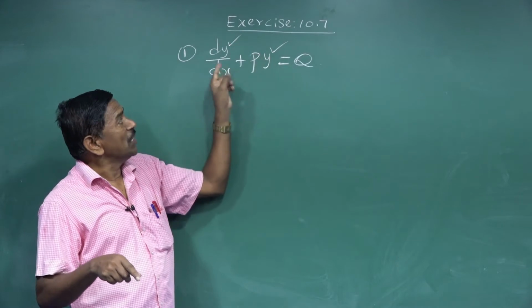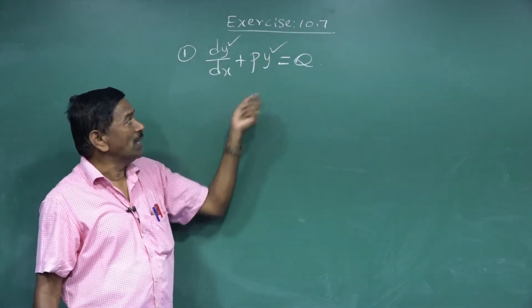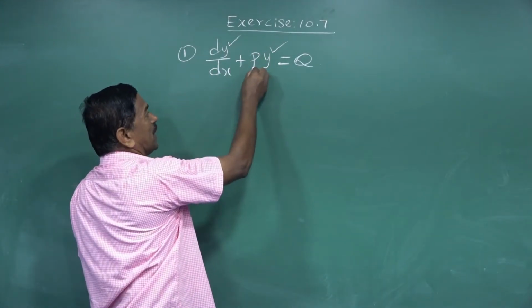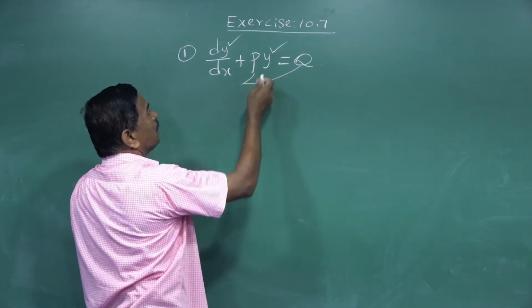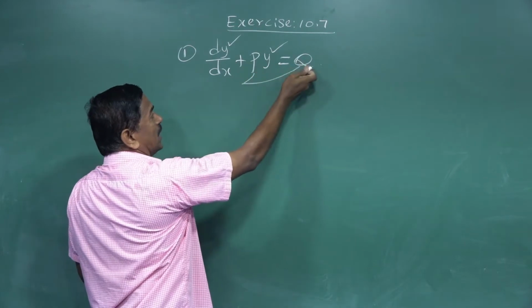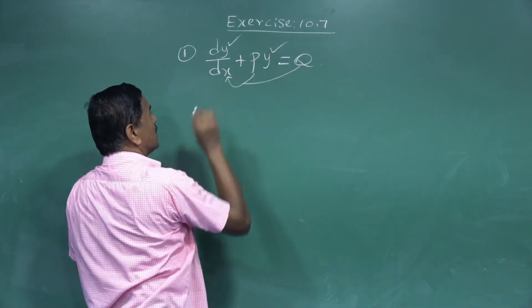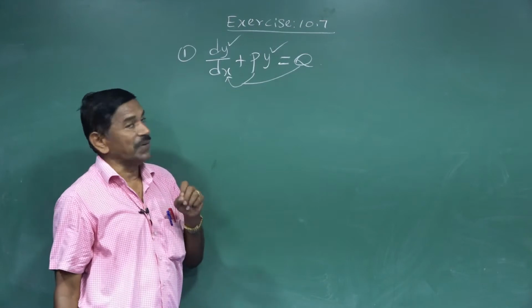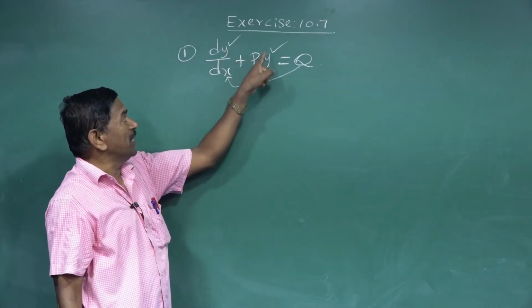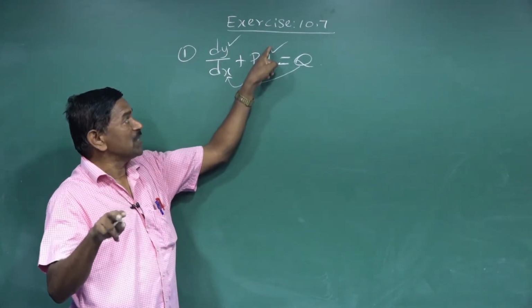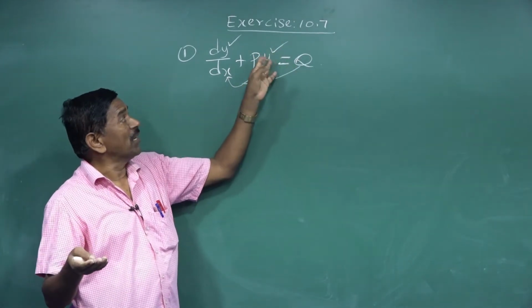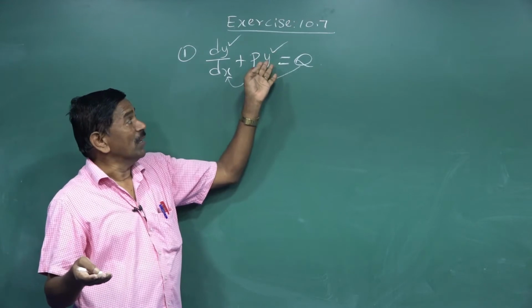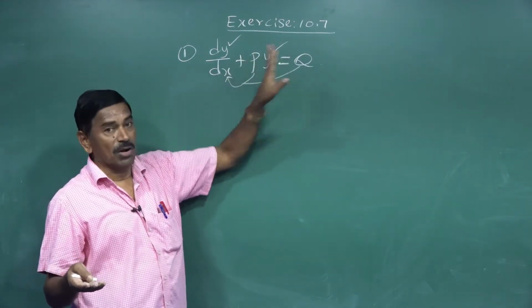Then this equation is said to be linear in y. Also, the y coefficient capital P and the right hand side capital Q should be functions of x. Cos y, sin y, log y and e power y are not possible.